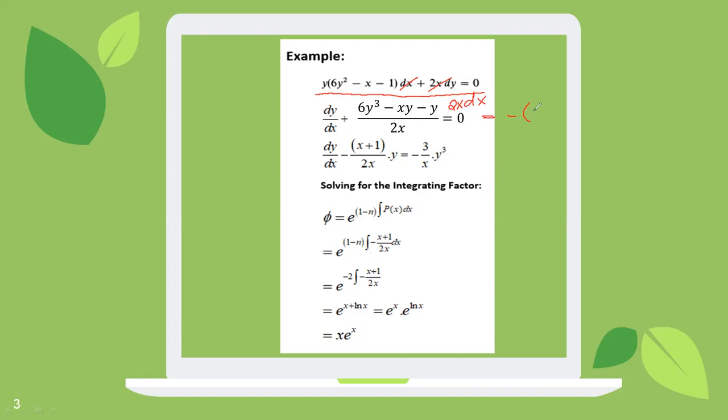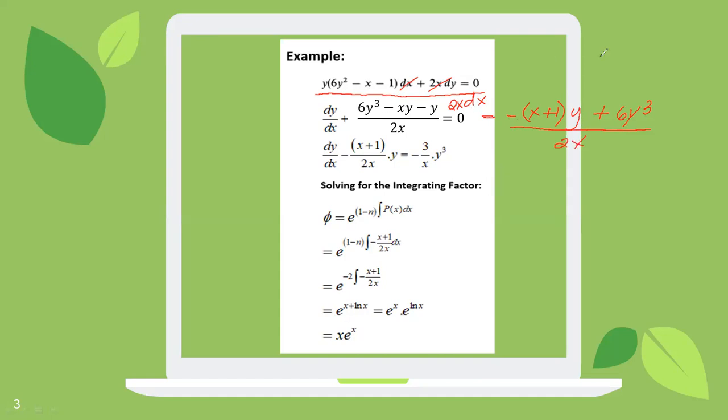So I will have negative, x plus, if I take out negative y here, that would be 1, and that should be y. And this one is plus 6y cubed. Then I will divide by 2x.